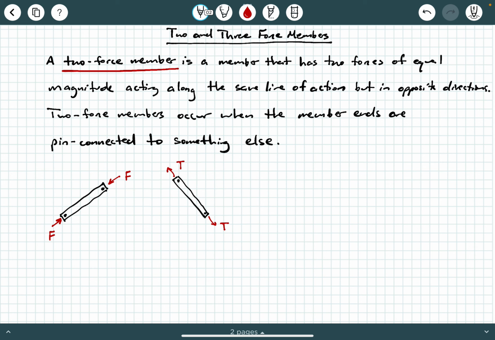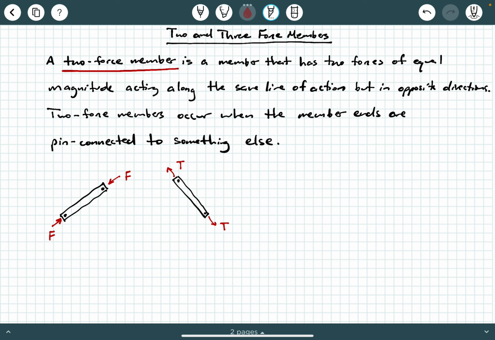So if we call these T this time, for tension, these have to be equal magnitude and opposite in direction. And notice each of these forces, T and T, lie along the same line of action. The same was true with these compressive forces, F and F.